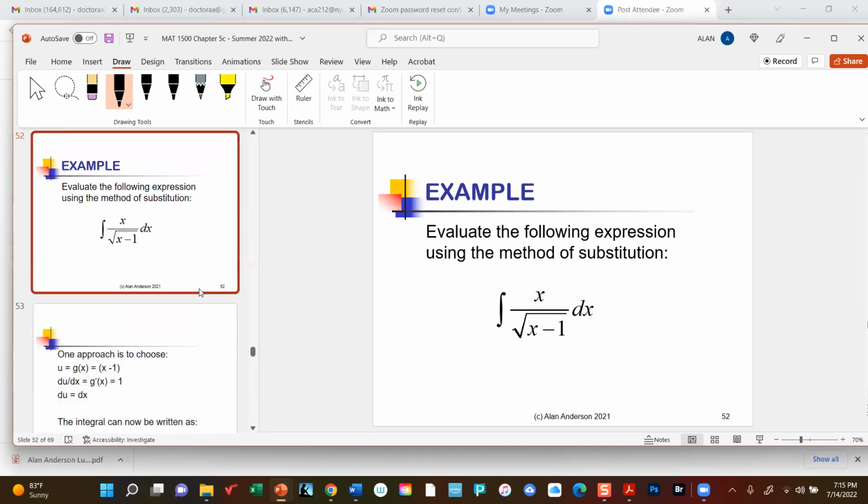Ooh, that doesn't look too promising. Well, first things first, let's remind ourselves that this is equal to x in the numerator. Now, does that do us any good? It might. So let's try this.